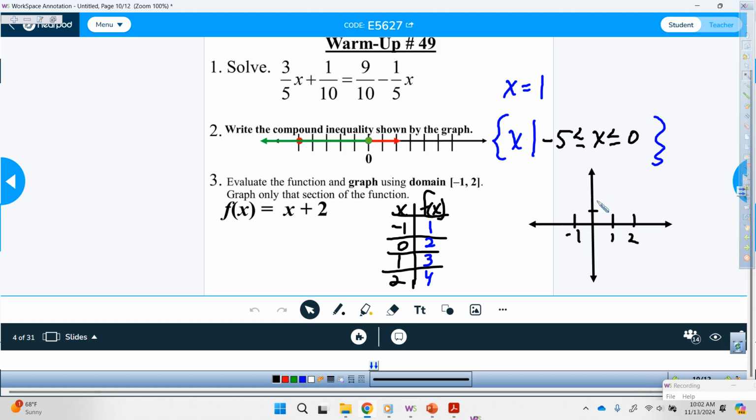And we got 1, 2, 3, 4. -1, 1. 0, 2. 1, 3. And 2, 4. With no arrows, just between there and there. Yes? All right, send that in, please.